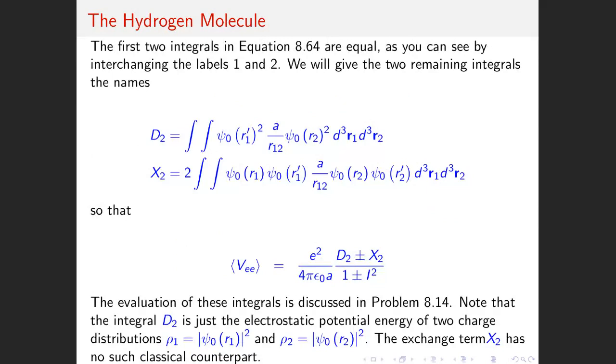But for this problem, remember that there are 2 electrons here, so you also have to consider V_ee, that term which is 1 over the modulus of R1 minus R2. Try to compute those integrals and write them in terms of this D2 and X2s.